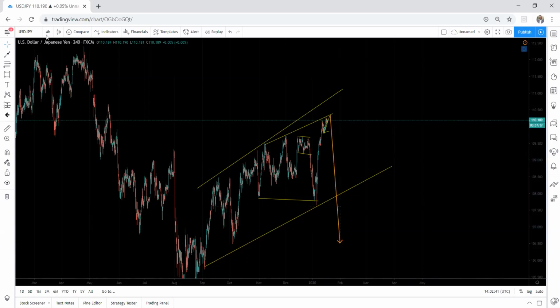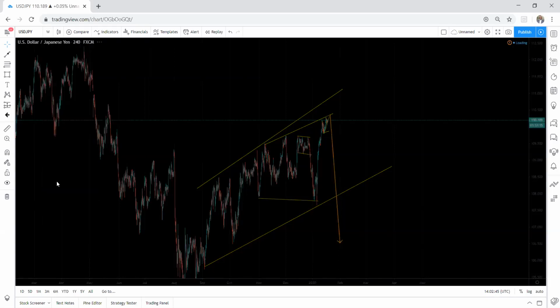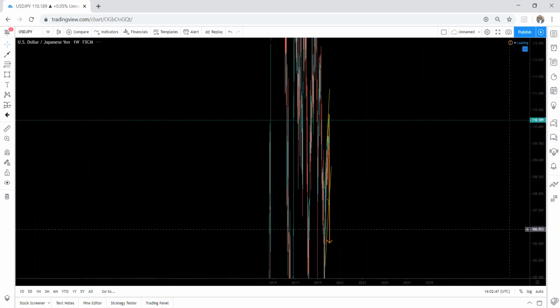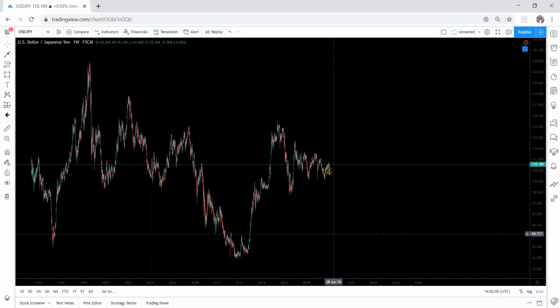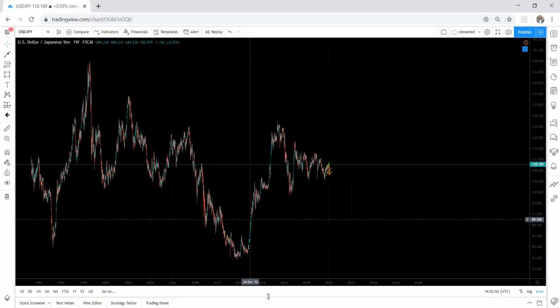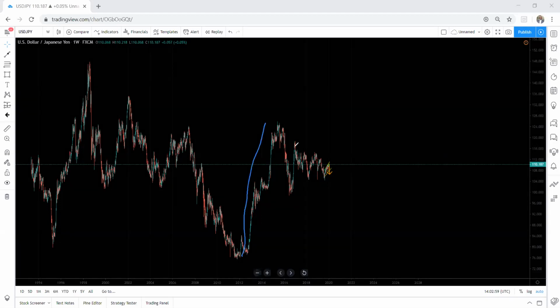Because if you look at USD JPY in a weekly time frame, you will see that it's not a bearish market at all. It is a bullish market. How do I mean it's a bullish market? Here you have an impulse, another impulse, and another impulse. But here you are seeing a correction.